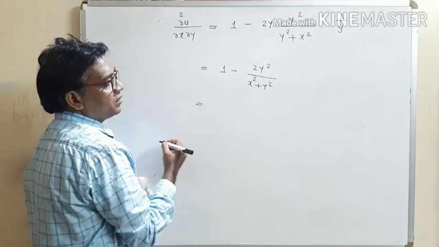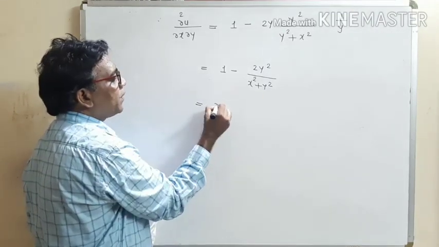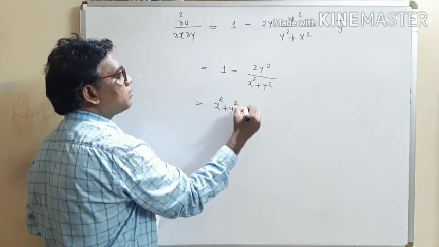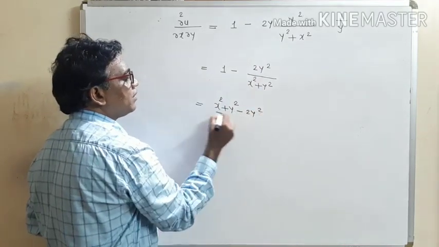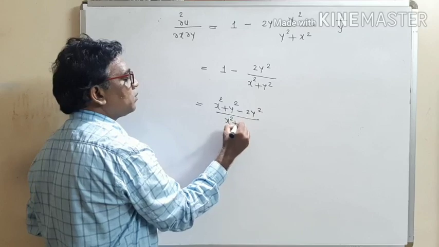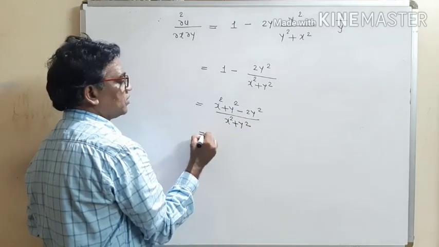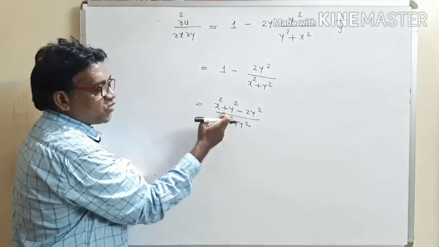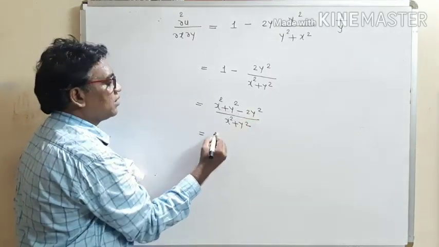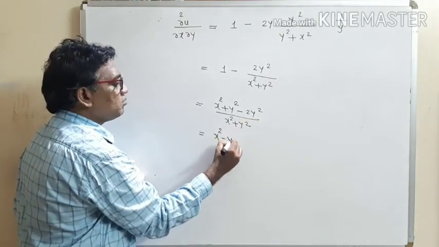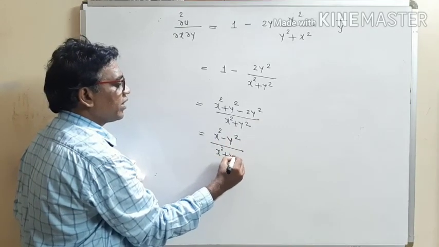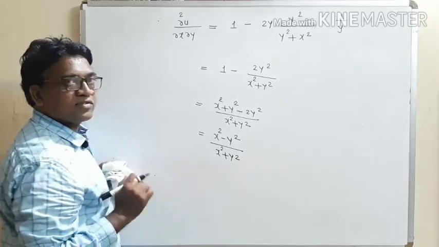So this is equal to, just cross multiply, x square plus y square minus 2y square divided by x square plus y square. So this is equal to, now plus y square and minus 2y square, so what is the remaining term? Minus y square divided by x square plus y square, that is our required answer.